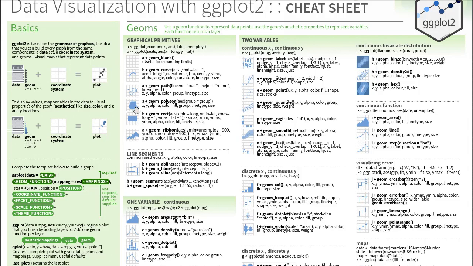Notice it'll do polygons, rectangles, curves. I've actually seen some scripts that will draw a picture of Mount Rushmore or something like that. I'm serious. There's some really artistic stuff being done with ggplot2 using these graphical primitives.